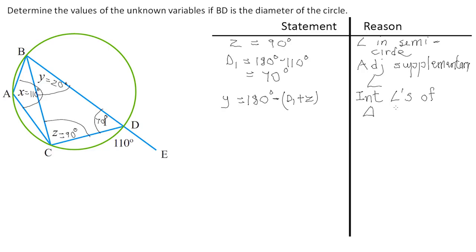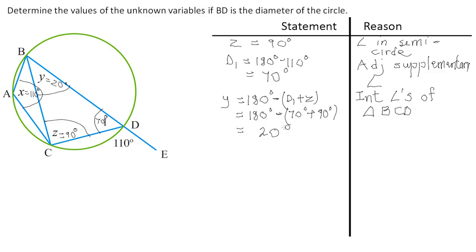We're referring to triangle BCD. And that gives me 180 minus, what was d1? d1 was 70. What was z? z was 90. And y is equal to 20 degrees.